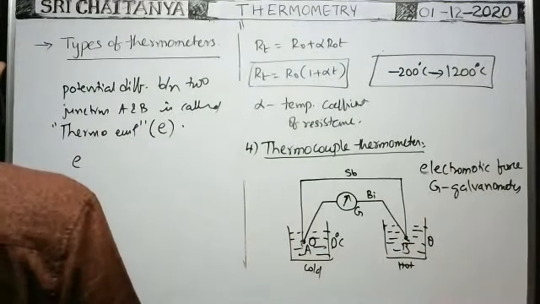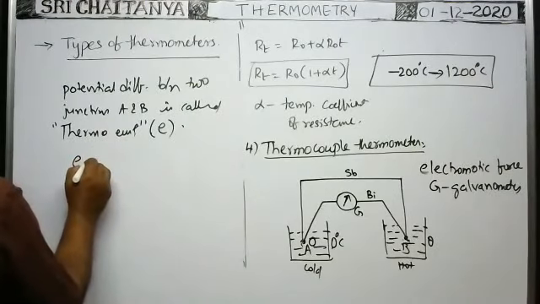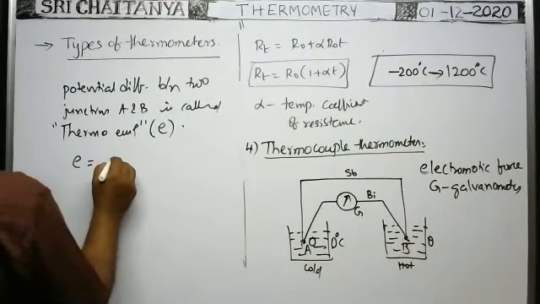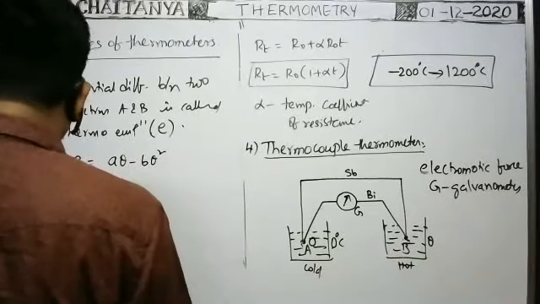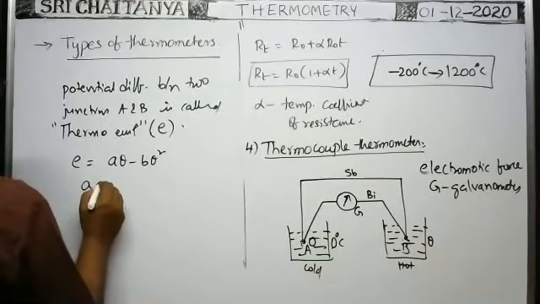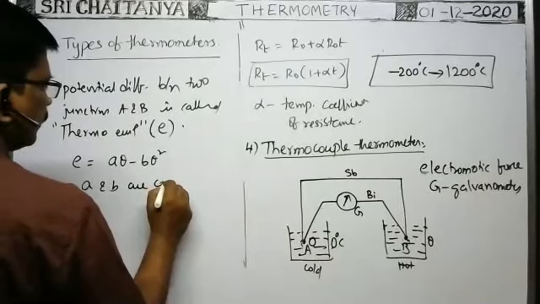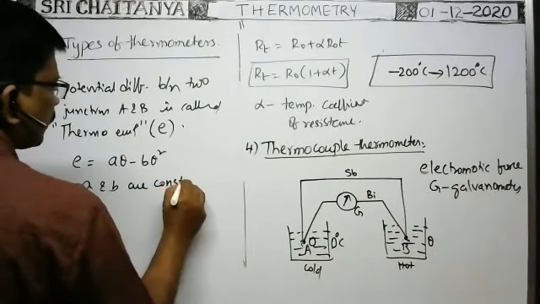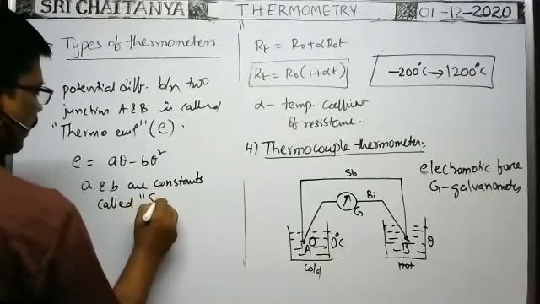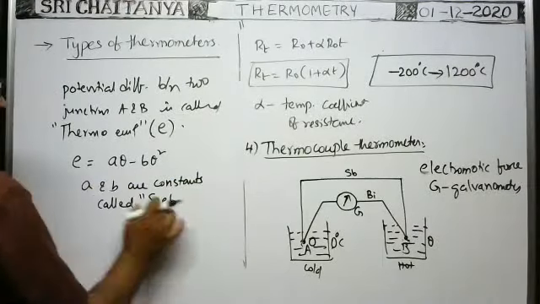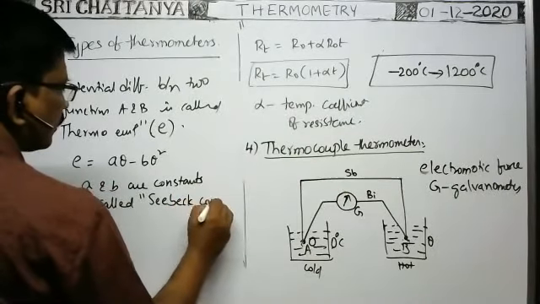Therefore, the thermo EMF developed, E, is equal to some constant A into theta minus B into theta square, where A and B are constants called Seebeck constants. These values are fixed for the given pair of metals used here.